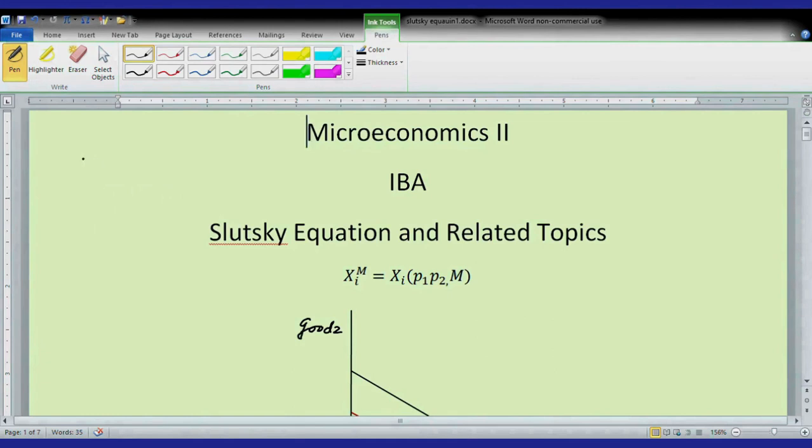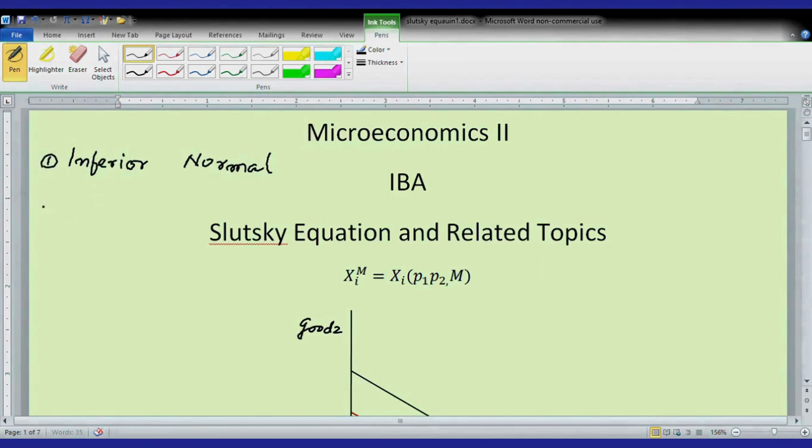So remember that we classify goods as inferior goods and normal goods. This is one way of classifying the goods that a consumer consumes, and this classification is based on income.